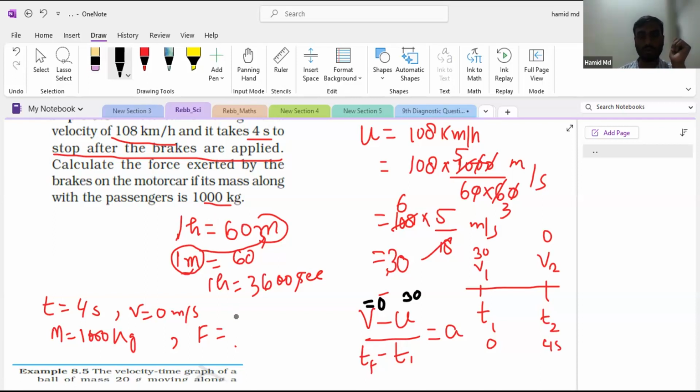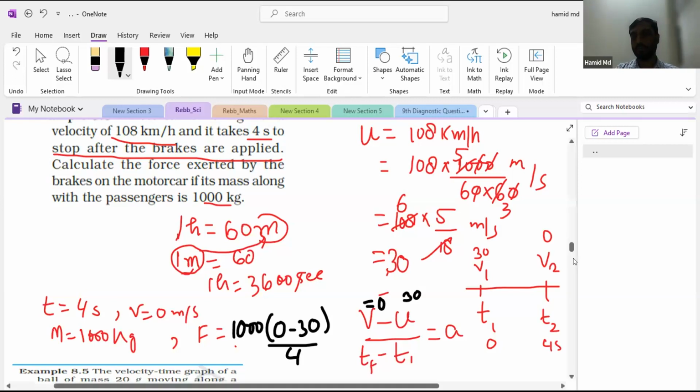So mass is already given, this much, 1,000 kg, right? Then v is 0, u is 30, right? And divided by how much time? Final minus initial time is 4 seconds, right? Yes, sir. So this will be gone. Let me create some space.